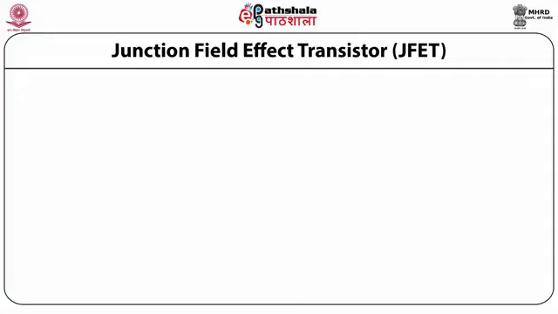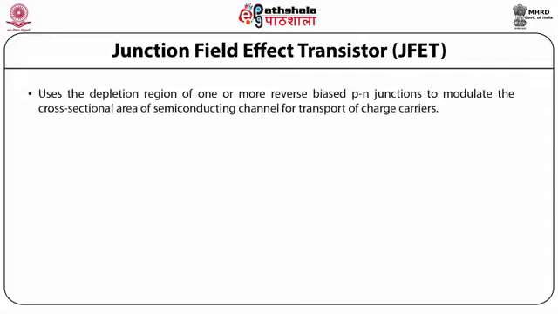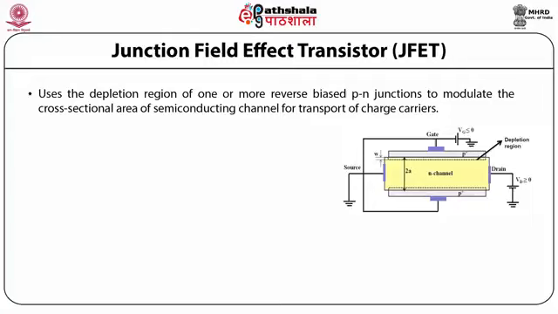Junction field effect transistor, JFET. This type of transistor uses the depletion region of one or more reverse biased PN junctions to modulate the cross-sectional area of a semiconducting channel for the transport of charge carriers.